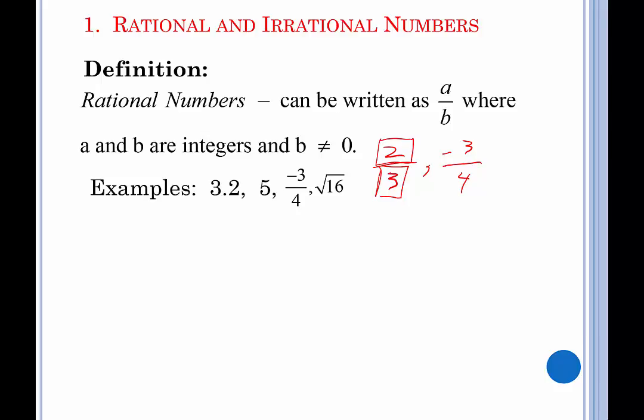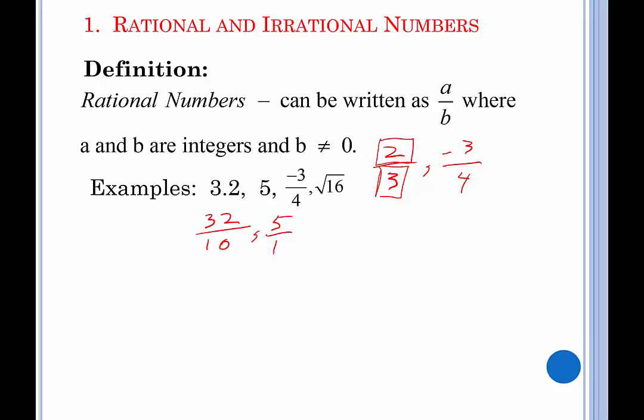Here are some examples, and the reasons these are all rational numbers is because we can write them as a fraction where the top and bottom are integers. So the 3.2, for example, we can write that one as 32 over 10. That would make it rational. Even the number 5, we could write it as 5 over 1.